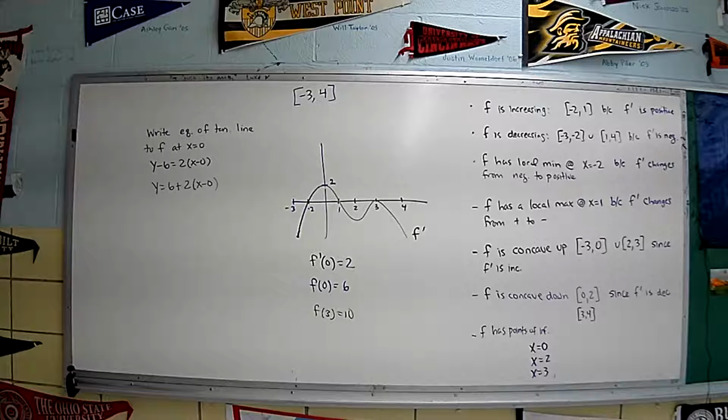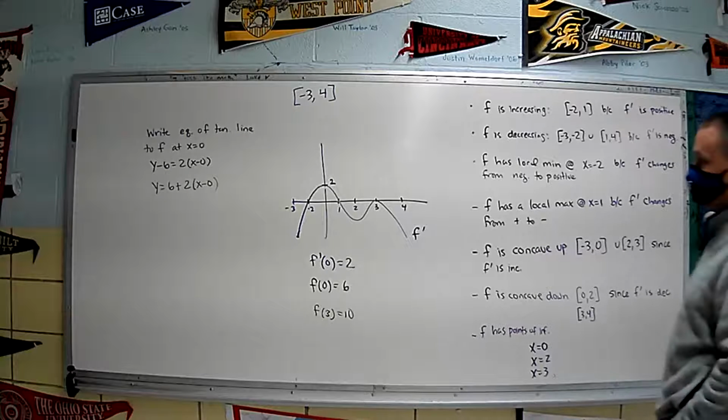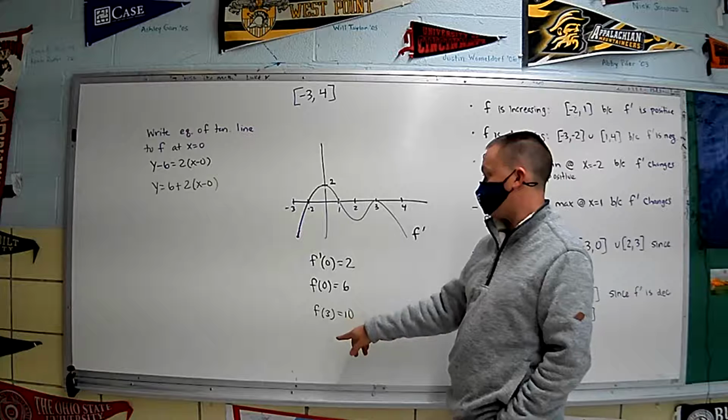It would end up being a constant, right? So what would it be? 10. y equals 10, right? Because you would just do point slope again, and you say y minus 10 equals 0 times x minus 3.